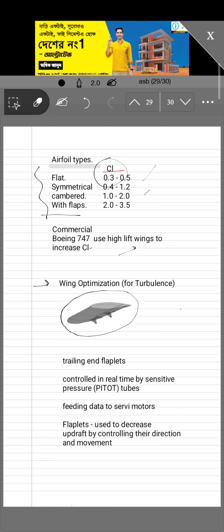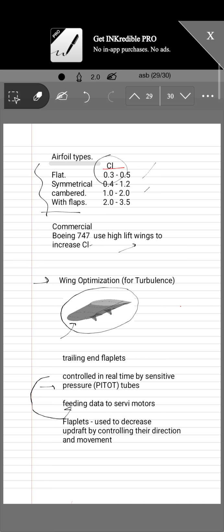What we can see is that there are some flaplets at the trailing edge, and these flaplets are controlled in real time by sensitive pressure sensors, and the feedback is sent to the servo motors. The reason these flaplets are kept is that they decrease the upward draft by controlling their movement.